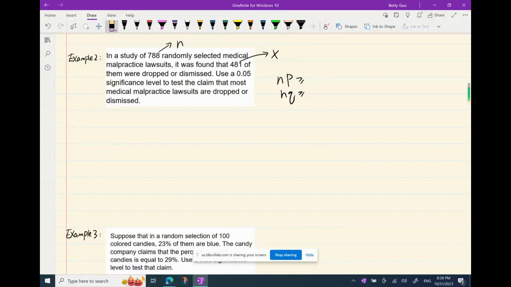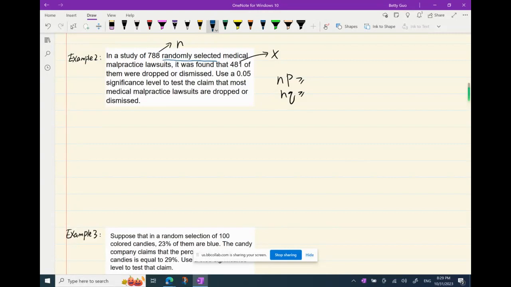Okay, let's check the requirements. Simple random sample: normally those are satisfied, randomly selected. There's a binomial here: 788 trials. If you select one lawsuit, that is one trial. If the lawsuit is dropped, it's a success; if it's not dropped, it's a failure. So that's a binomial. Independent, yes, the probability remains the same.